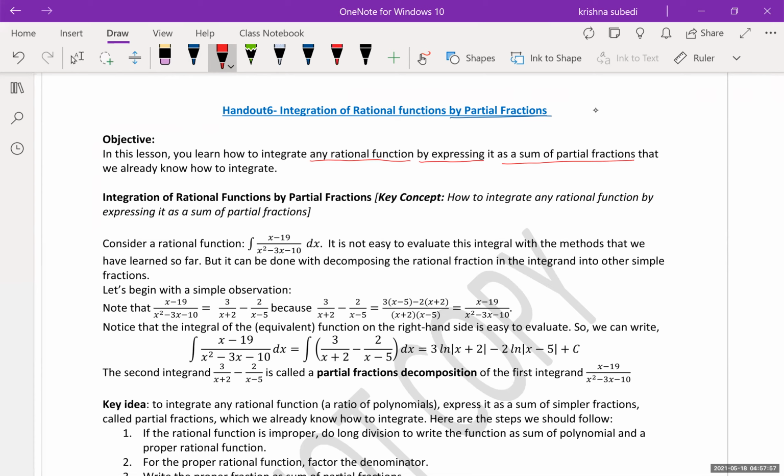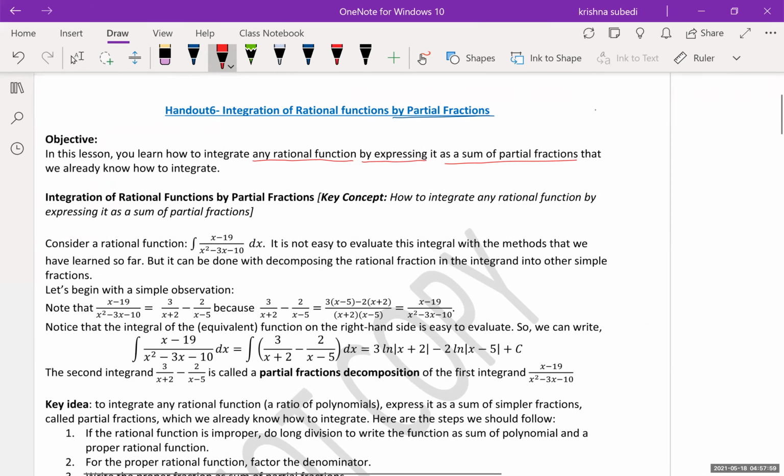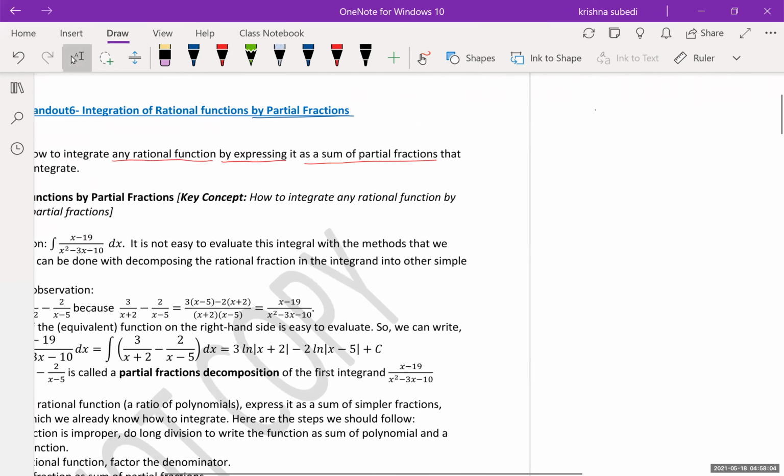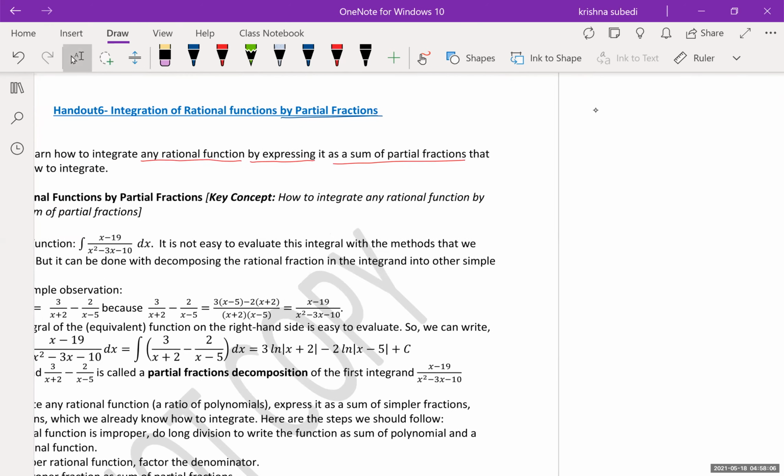So for example, I want you to solve this. Let's look at one simple example. So I'm taking you to high school algebra. Forget about integration at the moment. I just want you to recall high school algebra.